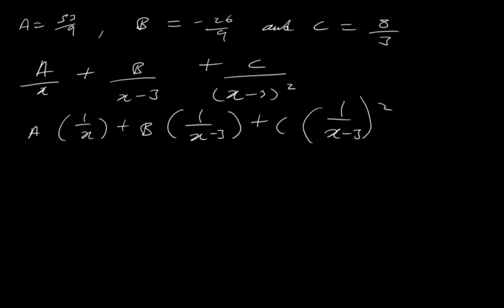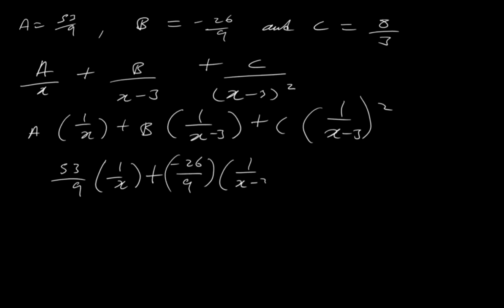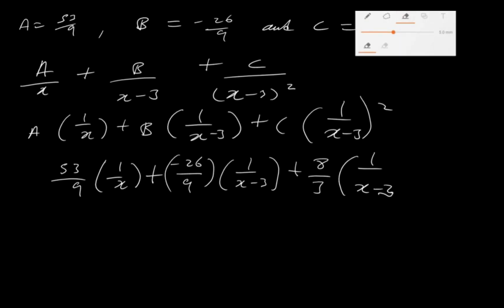So it's going to be A is 53 over 9 times 1 over x plus B is negative 26 over 9 times 1 over x minus 3 plus C is 8 over 3 times 1 over x minus 3. Sorry, square is not supposed to be here. It's supposed to be here.